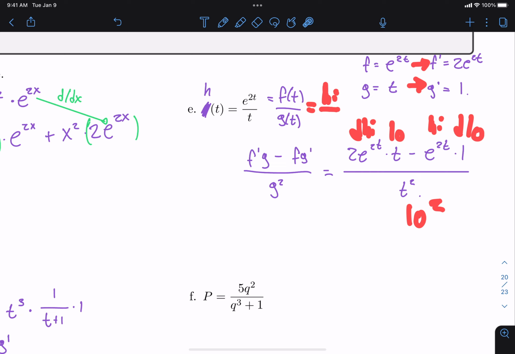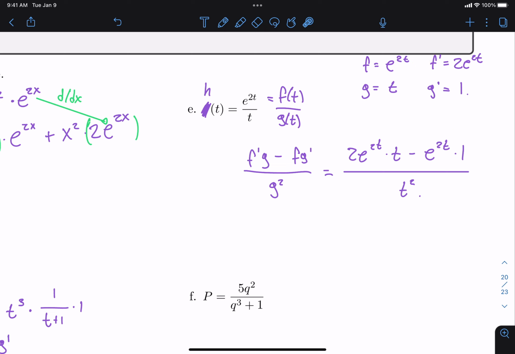High over low. So once I had those, I just plugged each one of them into their respective spot, and that's what we get. All right, any questions on this example?